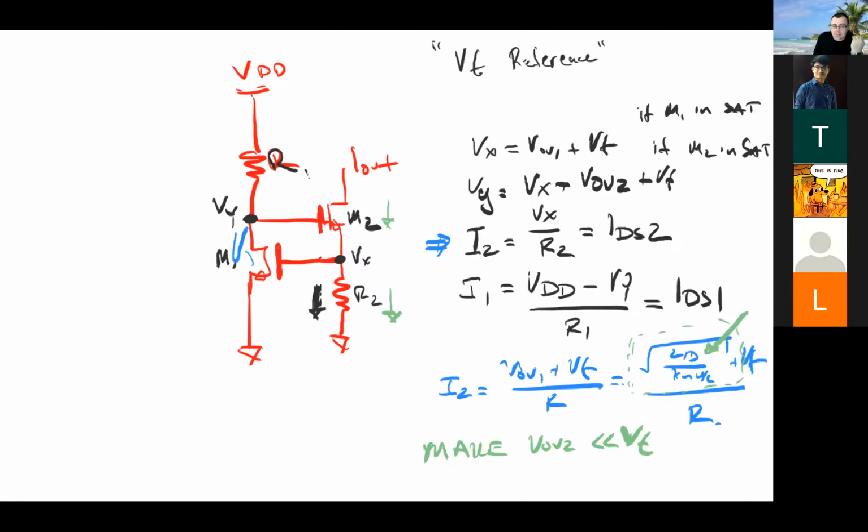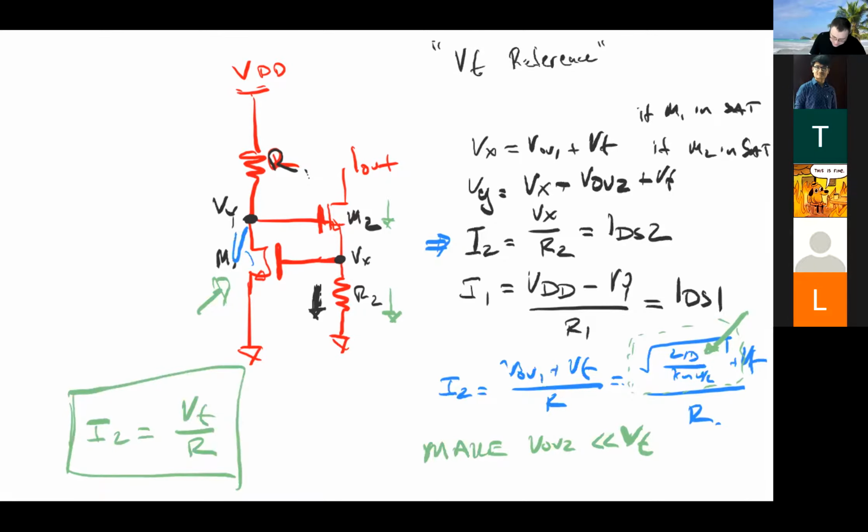And so I can size this transistor to be a very wide transistor such that I make its overdrive voltage insignificant relative to VT. The nice part is that when I do that, I can write that I2 is simply equal to VT divided by R. And this is where it gets its name, VT reference: we are referencing the current that we are generating relative to VT.